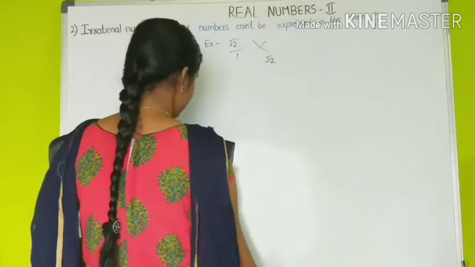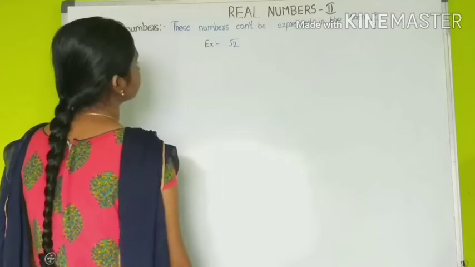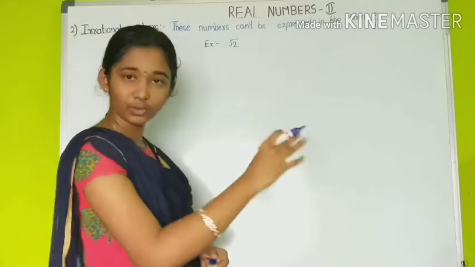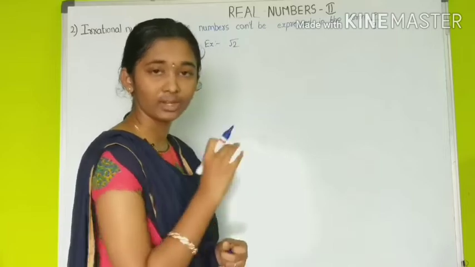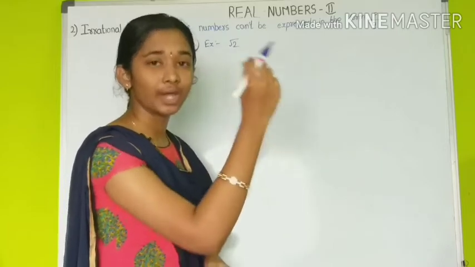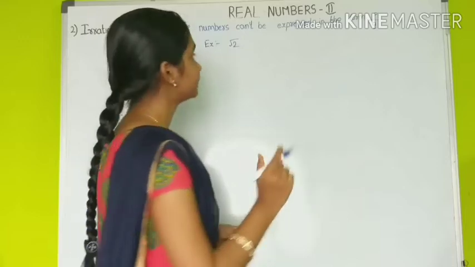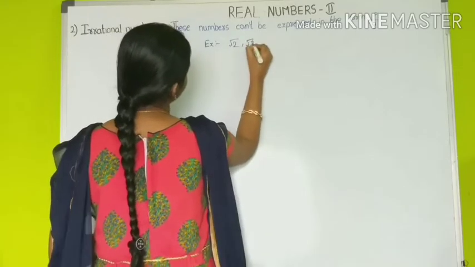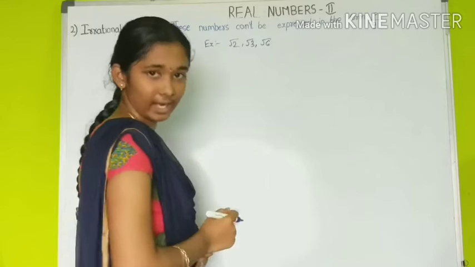So these numbers, all are square roots. So all square roots are irrational numbers except some perfect squares. This is to remember all irrational numbers. That is root 2, root 3, root 6. These all are irrational numbers.